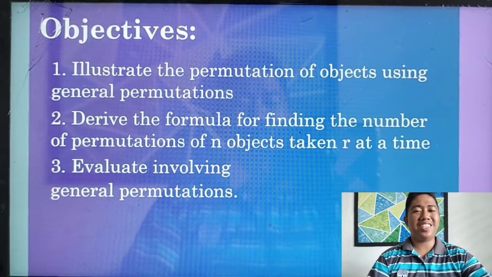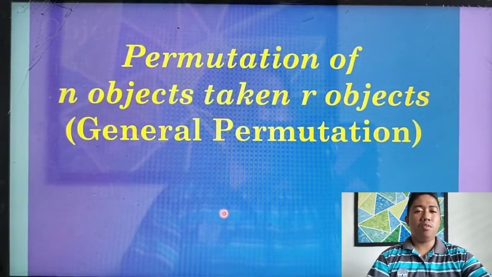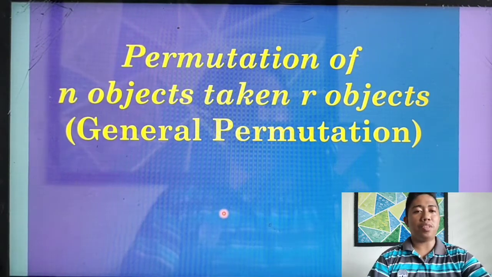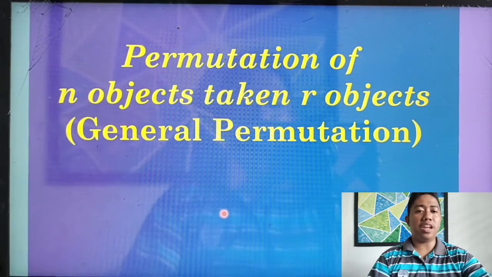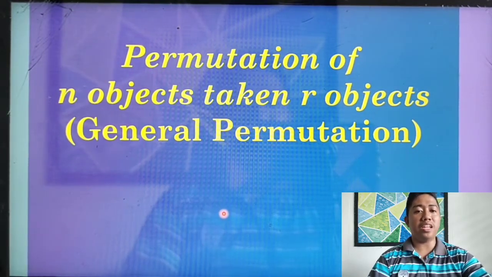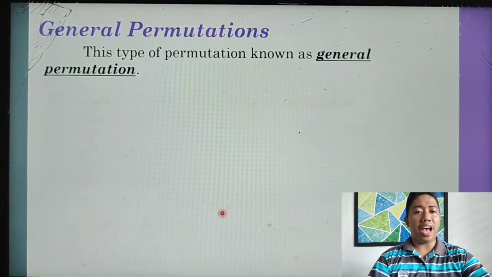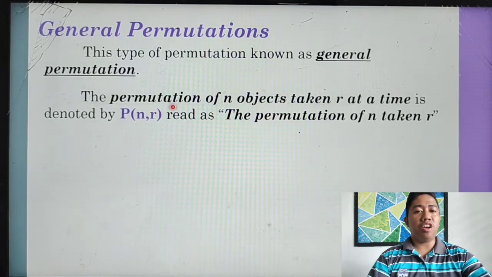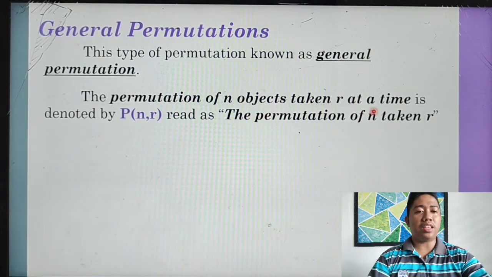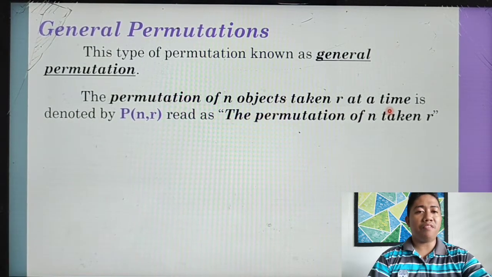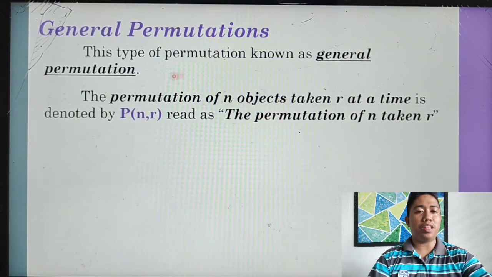So let us start. Today we are talking about the permutation of n objects taken R objects, and it is also known as the general permutation. We define the permutation of n objects taken R at a time as the general permutation.